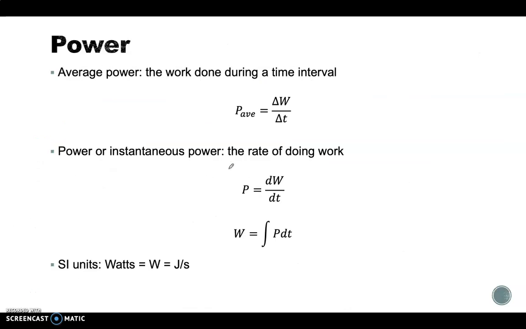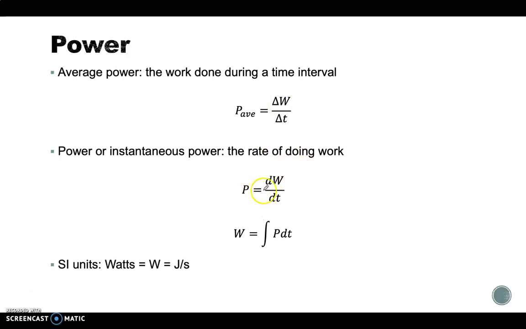All right, let's go ahead and continue to power. So the first thing we want to look at is average power, and that's what we typically would look at. And that is going to be the work done during some time interval. So the average power is going to be the change in work over a change in time. From this we can then look at instantaneous power, or we can just call it power, which is the rate of doing work.